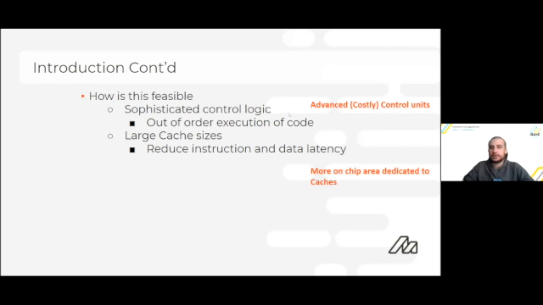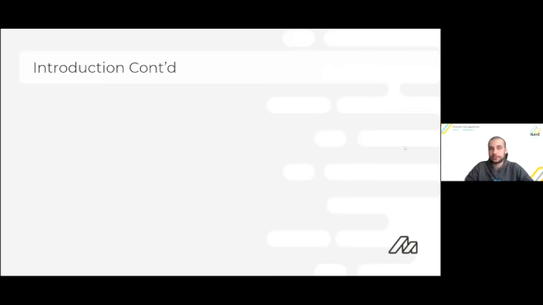So the sophisticated control logic meant that it would be advanced and also costly, which is nowadays one of the main pain points of the architecture used by Intel and AMD, rather than the RISC architecture, or the architecture used by Apple to build the M1 Max, which achieves faster computation and better speeds at lower TDP. So it requires advanced costly control units, and also larger caches require more on-chip area dedicated to caches.